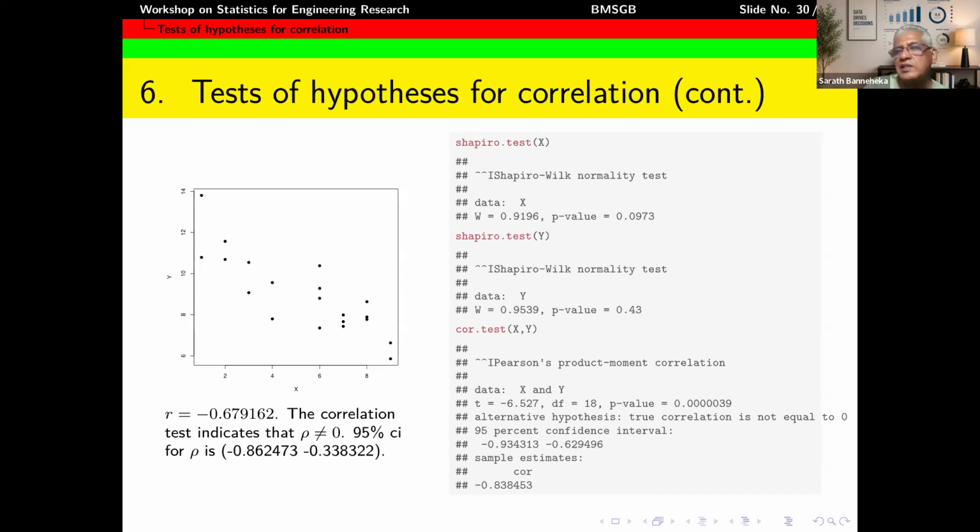Based on this particular sample, there is evidence that in the population there is a strong to moderate linear relationship between X and Y.